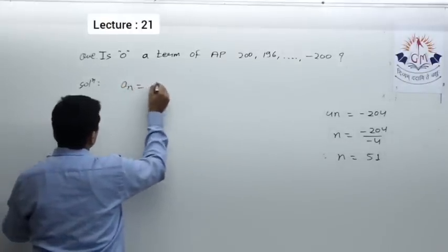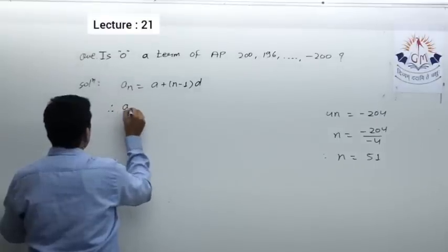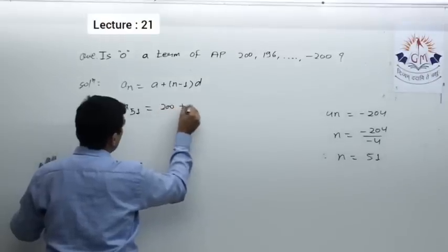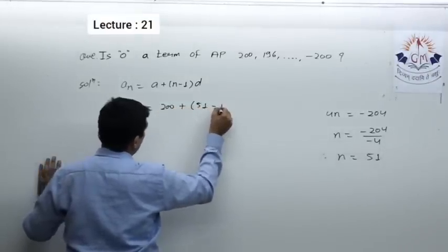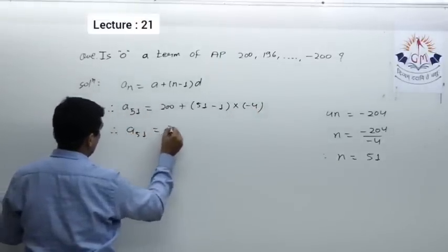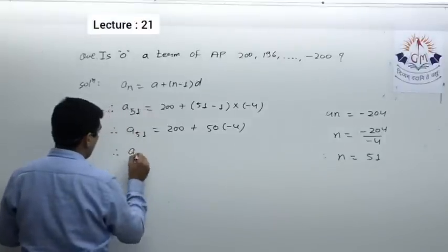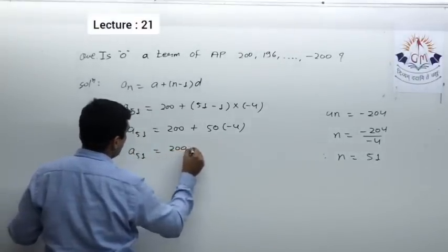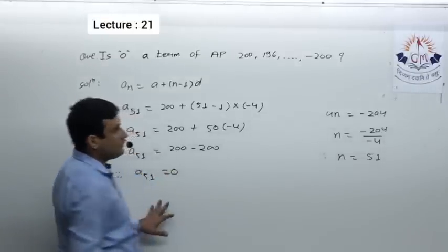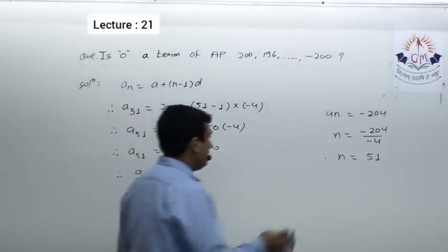So a_n is equal to a plus (n minus 1) into d. Therefore a_51 is equal to a, that is 200, plus (51 minus 1) into minus 4. Yes, definitely it is correct. It is 200 plus 50 into minus 4. So a_51 is equal to 200 minus 200, which is equal to 0. So the 51st term of the given AP is 0. So note it down, then we'll see the next question.